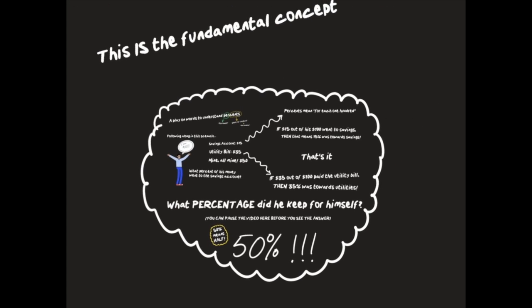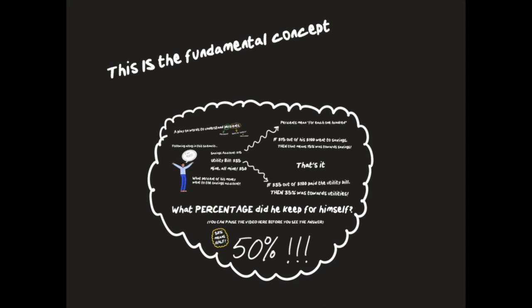So this is the fundamental concept. And remember, this is when he has $100. Calculating percentage of money when a person has $100 is extremely easy because that lines directly up with the definition.